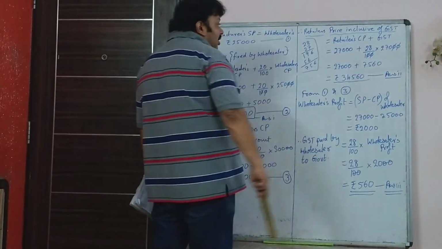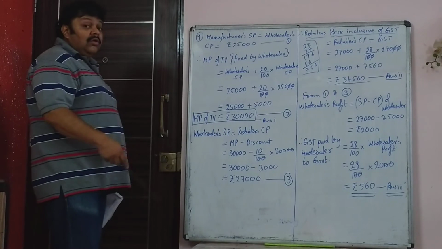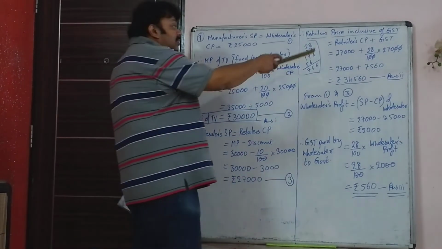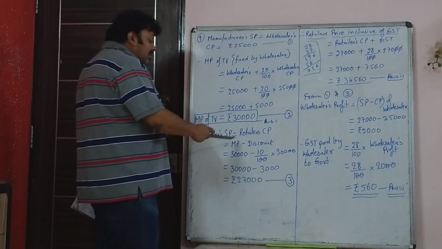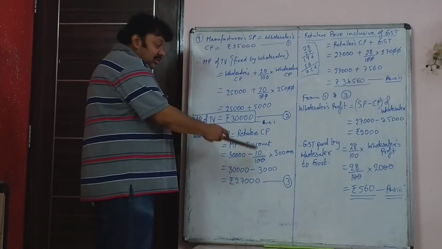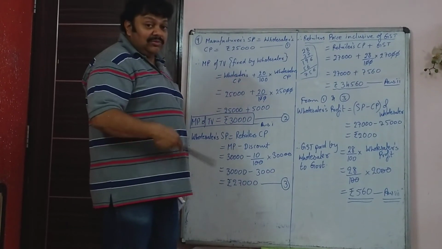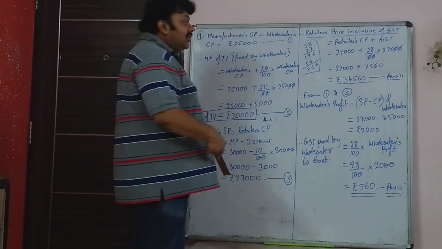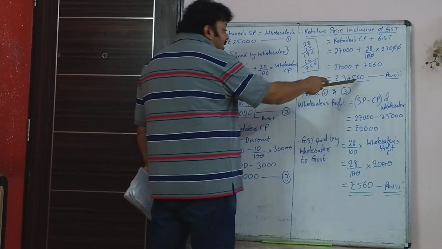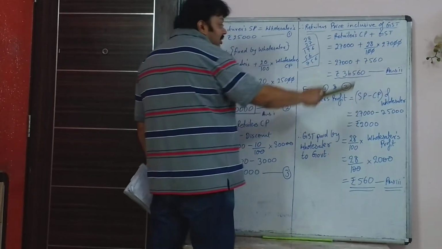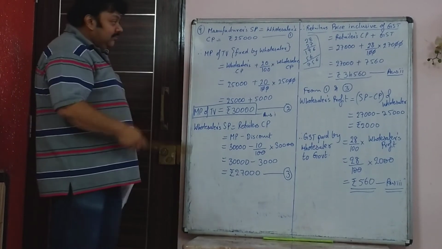So 34,560 is the price paid by the retailer including GST. So this price paid by the retailer including GST is not the same as the retailer's cost price, because the cost price does not include the GST. In none of the sums did the cost price include the GST. So the price paid by the retailer including VAT or GST is 27,000 plus 7,560, that is 34,560.